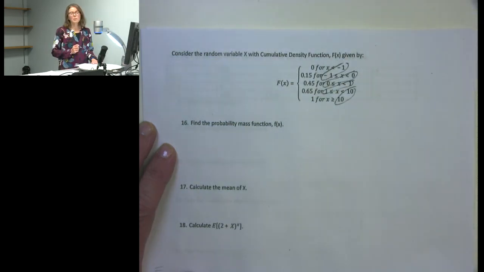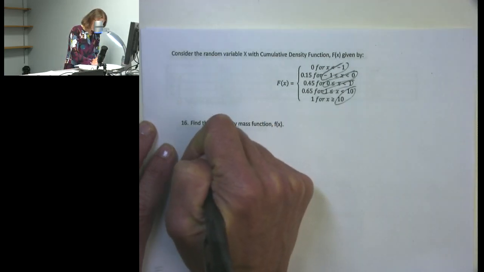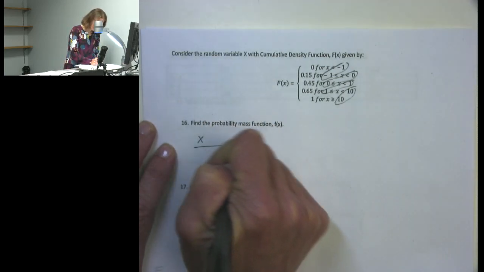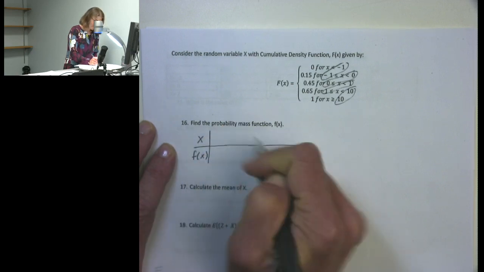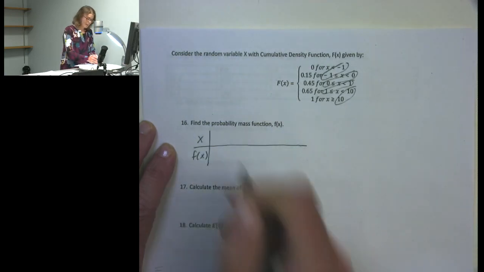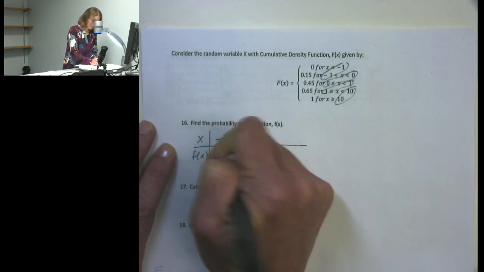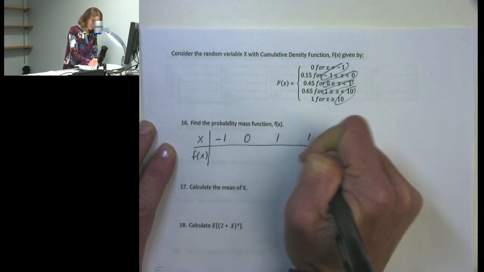And so those are going to be the possible values of x. So I'm looking at x. And little f of x will be the probability that the random variable takes each of those values. So now the possible values are -1, 0, 1, and 10.